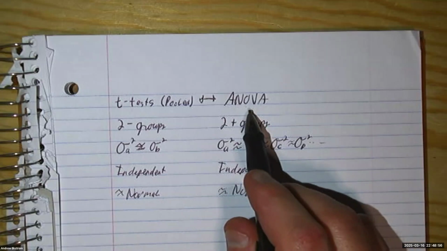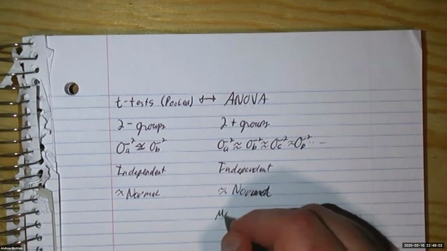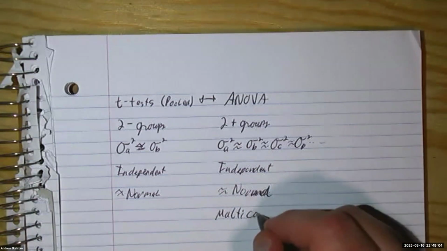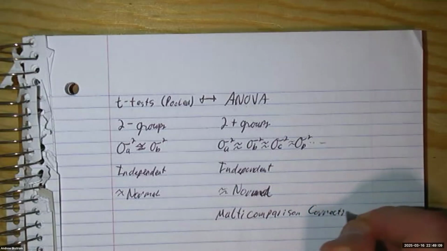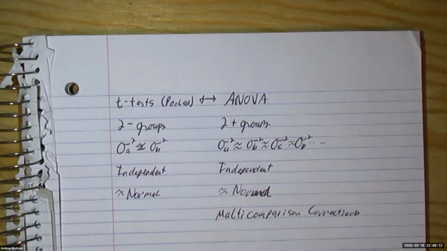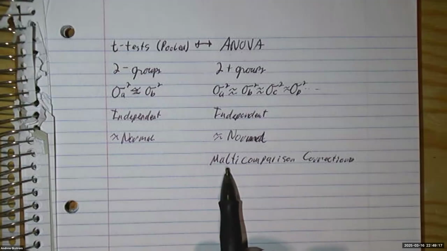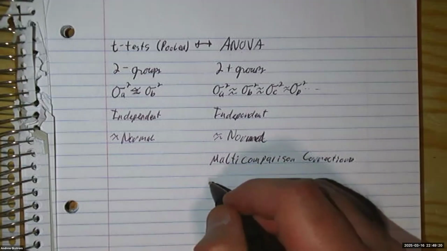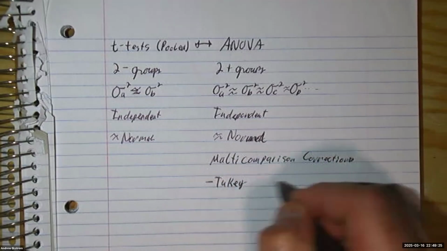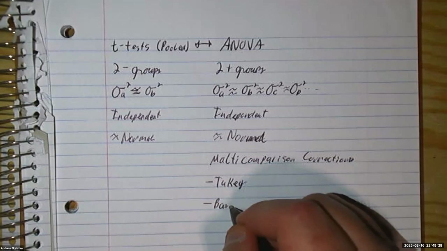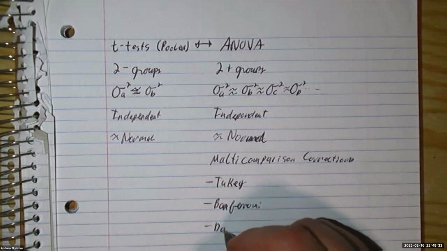But when we're dealing with ANOVA, we have to do our multi-comparison corrections. And we'll actually look at some of the data when we're talking about this. So with the multi-comparison corrections, the ones that we're going to be talking about are essentially Tukey, Bonferroni, and Dunnett.